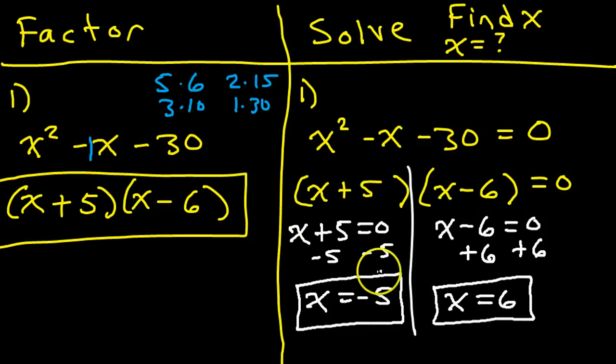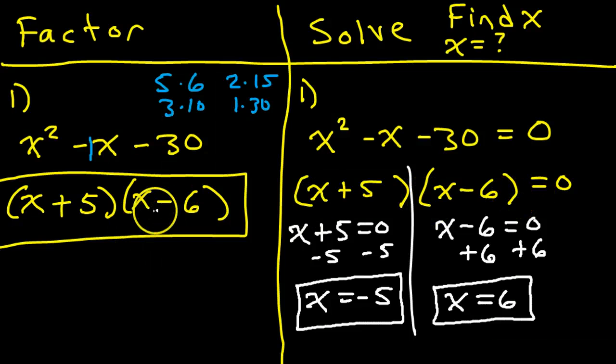Now I really wanted to emphasize these side by side, because every year when I teach this concept, the test comes, and on the test we will have problems that just say factor, and we'll have other problems that look like this and they say solve. But I'll have several kids in each class on a problem that says solve, and there's an equation, an equal sign, students will just factor and stop right here.